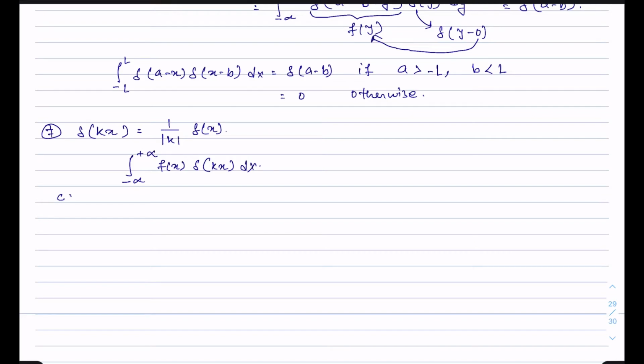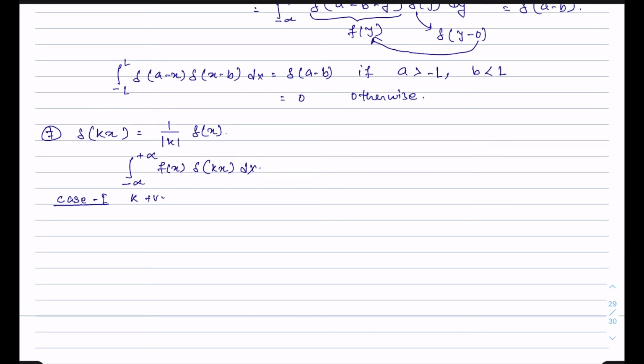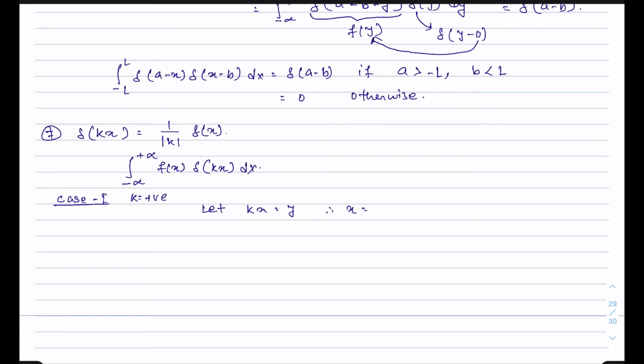Now in case 1, let's consider k as a positive quantity. K is positive, so let kx equal y. Therefore x equals y by k, and dx is equal to 1 over k dy.